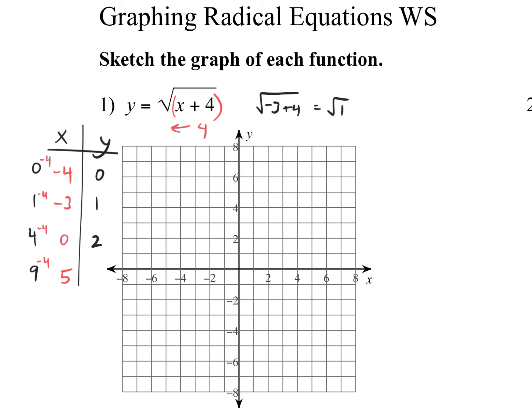And if I plug in 5, 5 plus 4, the square root of 9, gives me 3. So now I can plot these points: -4, 0, -3, 1, 0, 2, and 5, 3. Connect all those dots and put an arrow on the side that you are continuing forever.